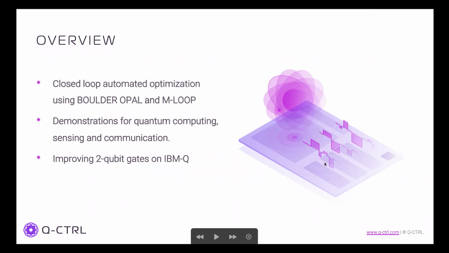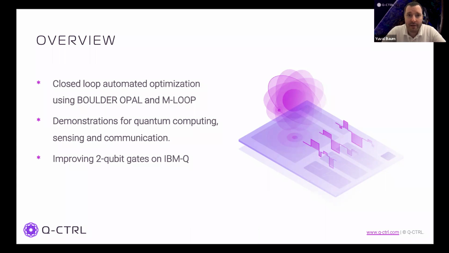Yep. So let's quickly review the results of the poll. All right. Okay, so the first question about the area of interest. I see most people are interested in improving the performance of quantum computers. So that's great news. I think you'll find the methods and tools we'll present today quite helpful for that.